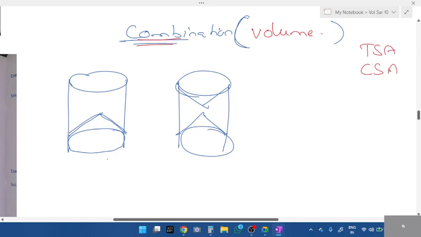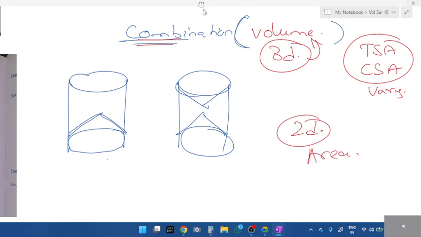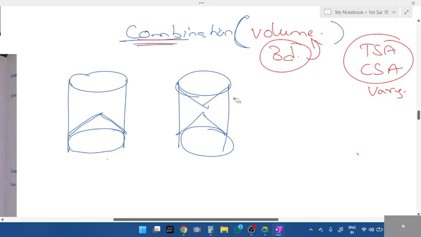Curved surface area will also vary. Values will vary. But the only thing which is constant in the 3D concept is volume. The same goes with 2D. If it was a rectangle or square, in 2D it is area. So the common point is area for 2D and volume for 3D, students, 3D.